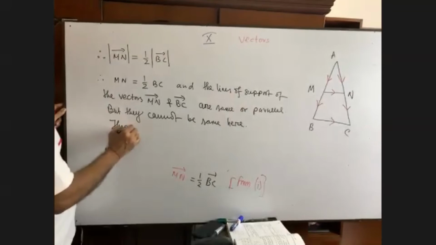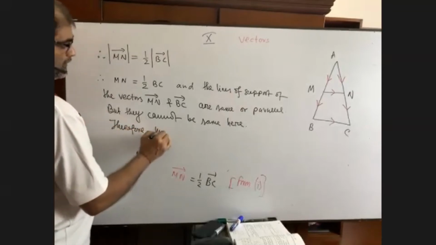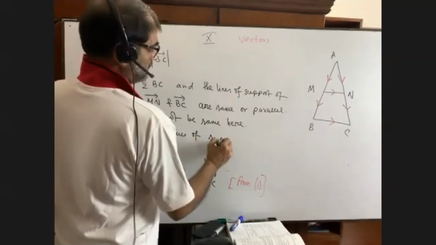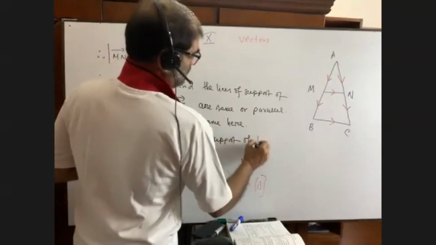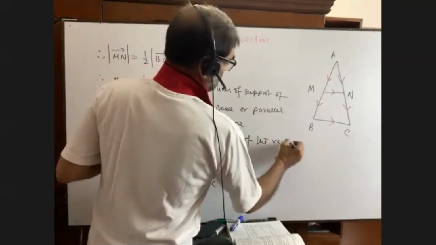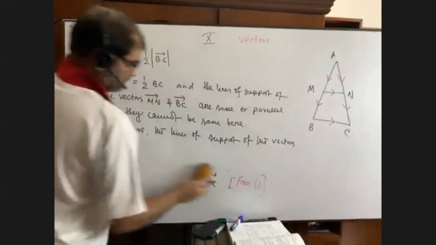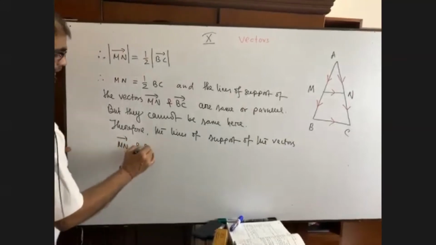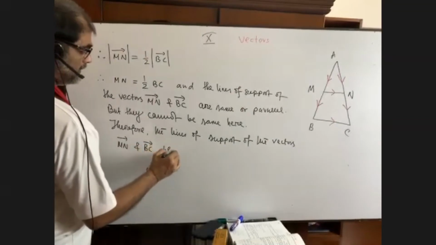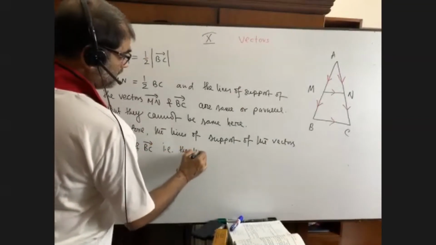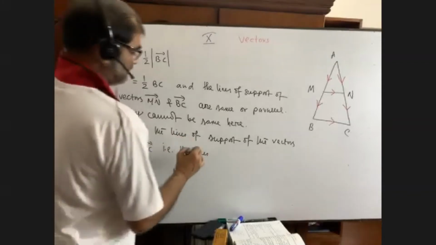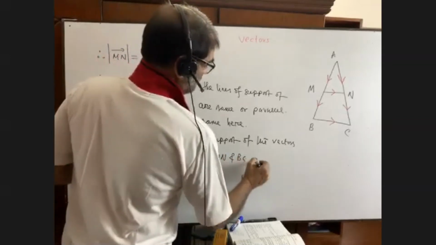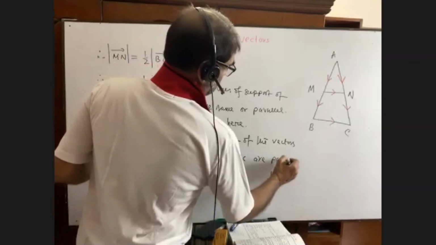Therefore, the lines of support of the vectors Mn and Bc, that is the lines Mn and Bc, are parallel.